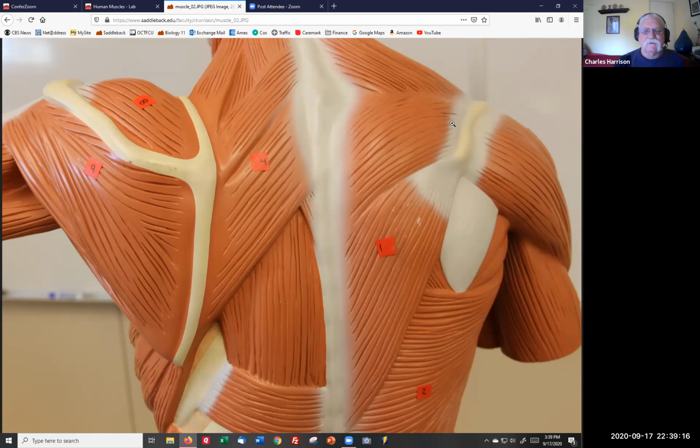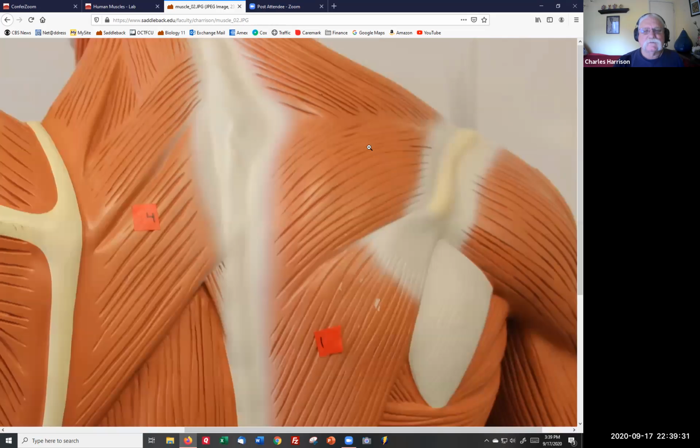Okay, here, down here is the spinotrapezius, with its origin being the spine itself. And here, this part is the acromiotrapezius, referring to the acromion to which it attaches.